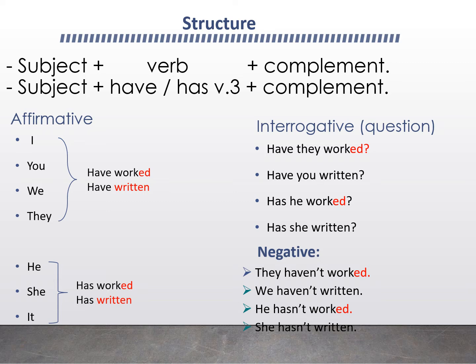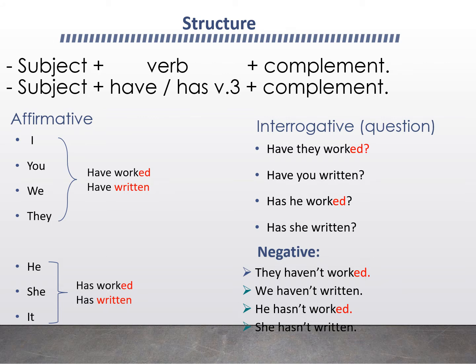If I want to change this sentence into a question, interrogative, all you have to do is to switch between have and the subject. So we say, have they worked? Has she written? So what we did, we only switched between have and the subject.